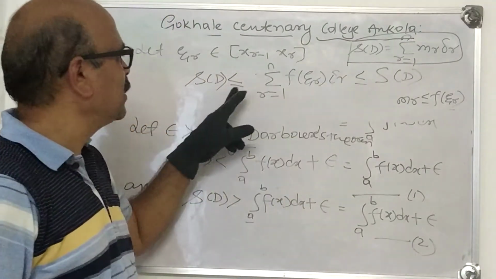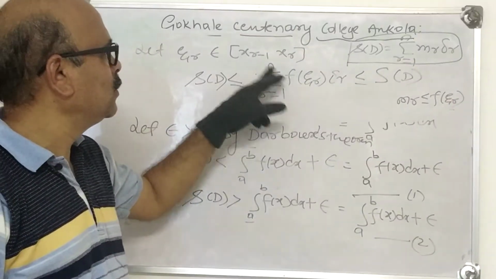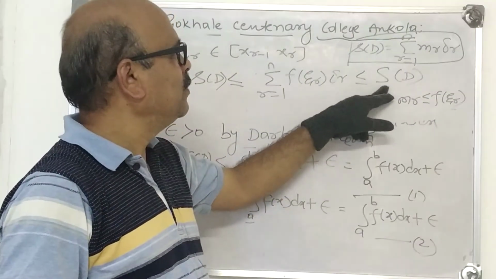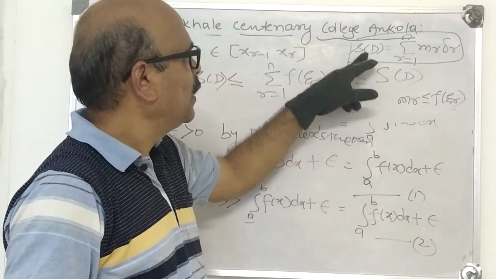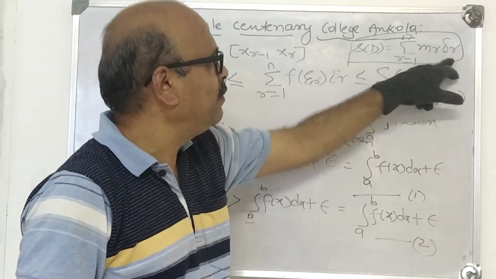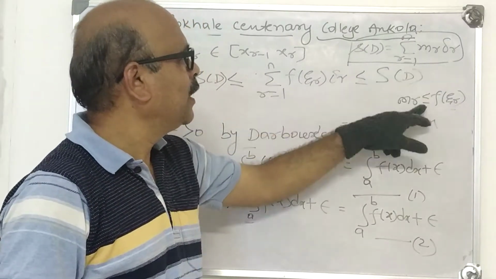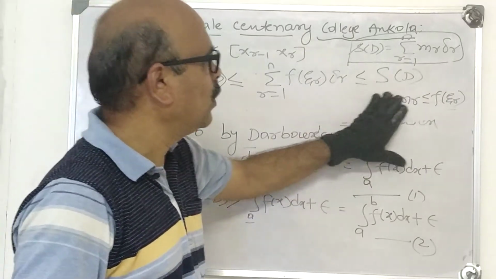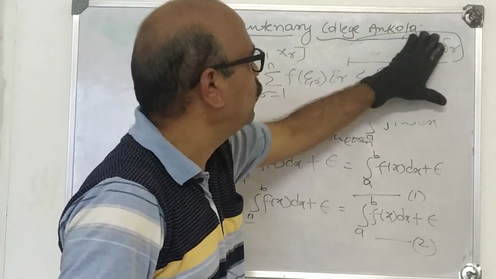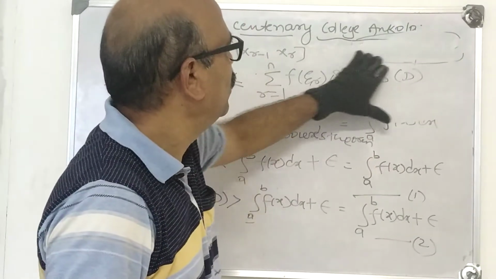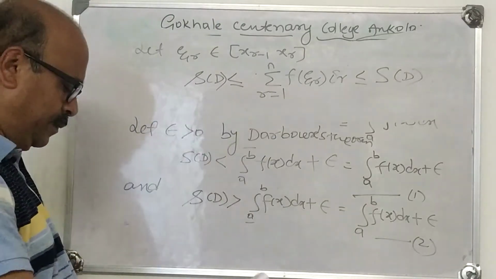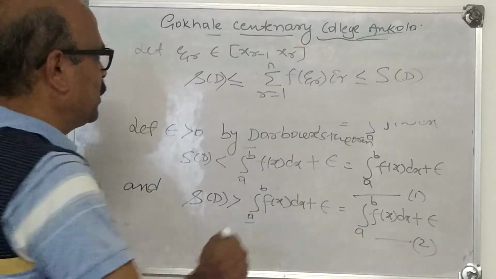Therefore, small s is less than or equal to the sum of f(xi_r) delta_r, which is less than or equal to capital S, because capital S is the sum of capital M_r delta_r, and M_r is greater than or equal to f(xi_r) for all xi_r. I think you followed this one. We have this. Now take this as 3.